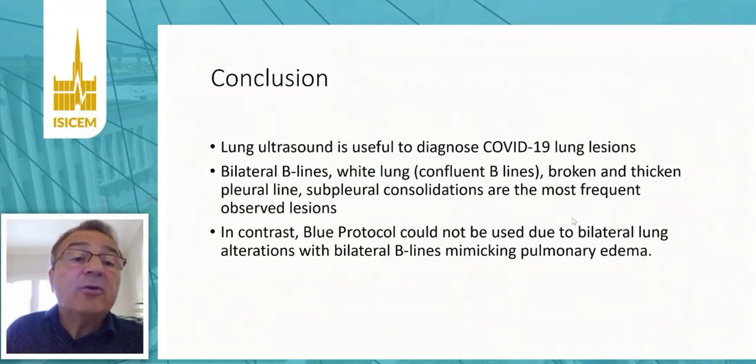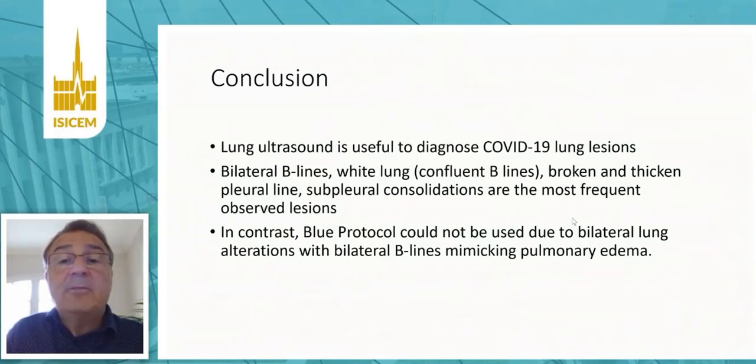And what we found is that lung ultrasound is very useful to diagnose COVID-19 lung lesions. We used to have bilateral B lines. These B lines could be merged, giving what we call a white lung, and this is a typical aspect that we got when we did a lung ultrasound on patients with COVID-19 pneumonia.